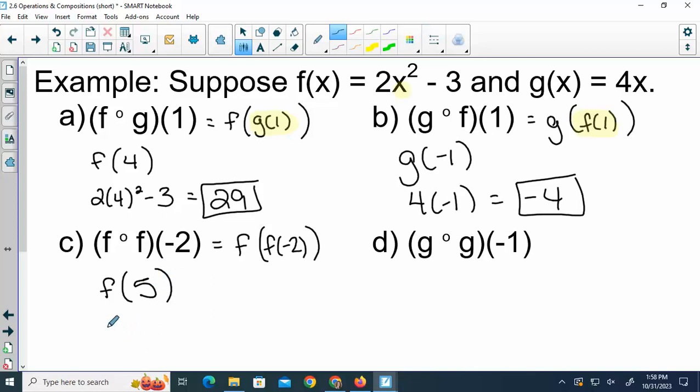Now I plug 5 into f. 5 squared is 25 times 2 is 50 minus 3 is 47.